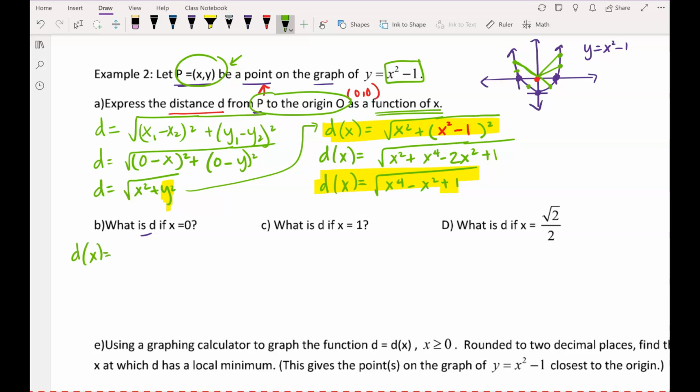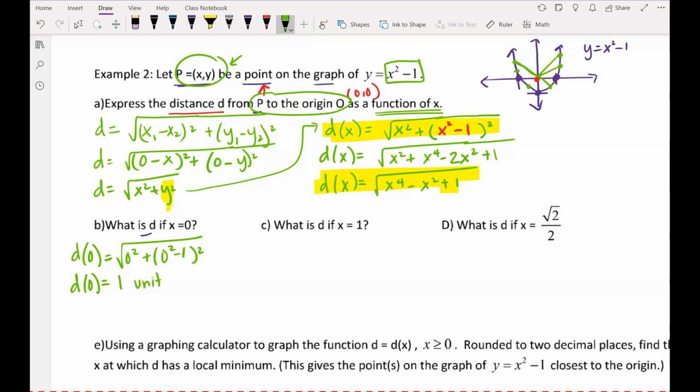I'm just going to use the first one. When x is 0, that's 0 squared plus the quantity 0 squared minus 1 squared. As you can see, it comes out to be 1. So d of 0 equals 1 unit.